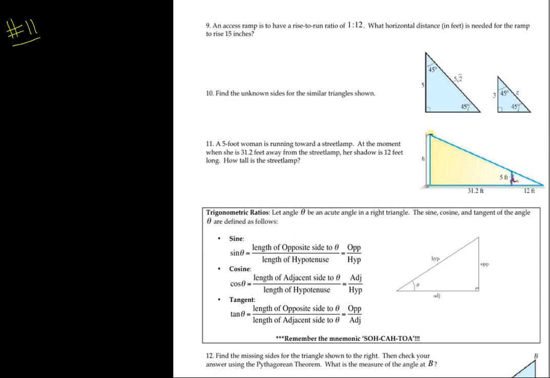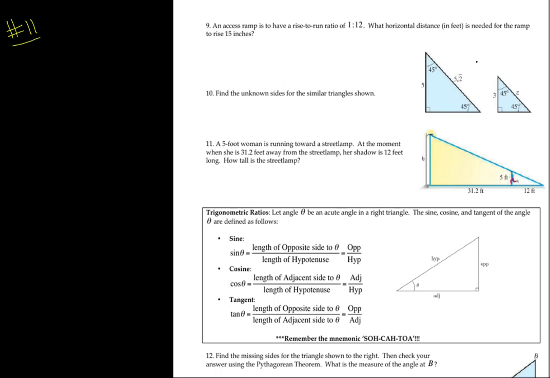So z here would just have to be the square root of 2 times this common side, in other words, 3 times the square root of 2. Okay, great. Let's go ahead now and look at number 11.